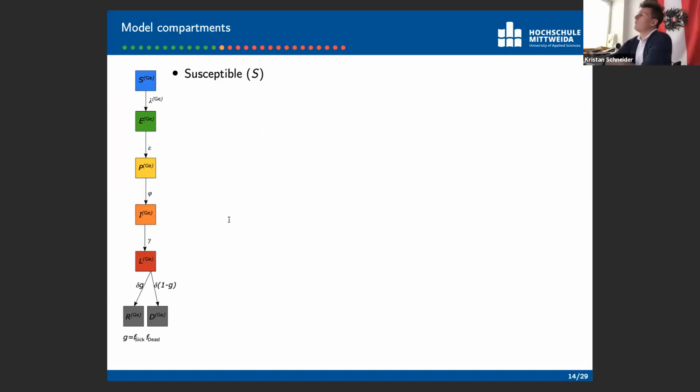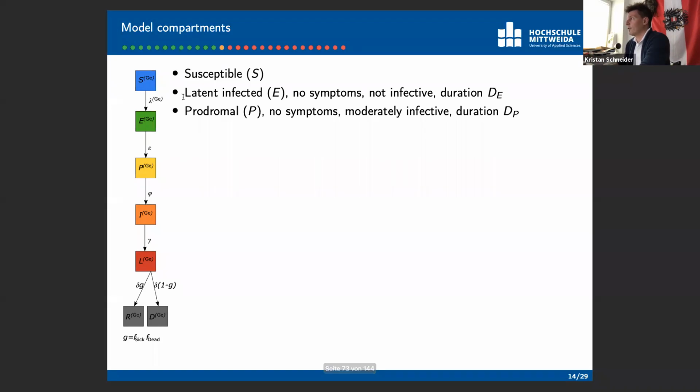So what we're modeling is a population first. Let's first consider just the general population. We have a population of susceptible individuals, so they are corona-free and they can get the virus. If somebody that is susceptible becomes infected, they first become latently infected.